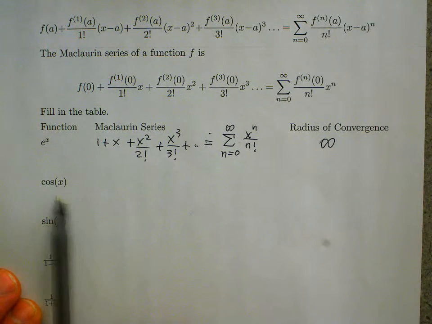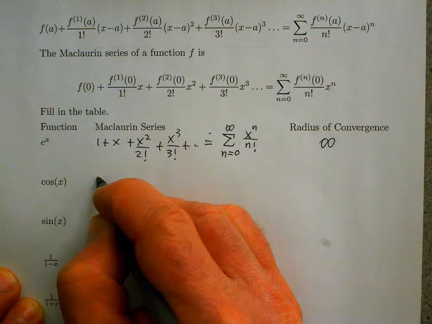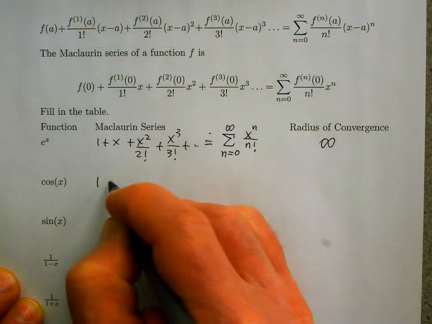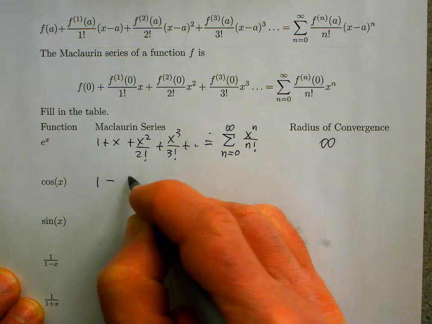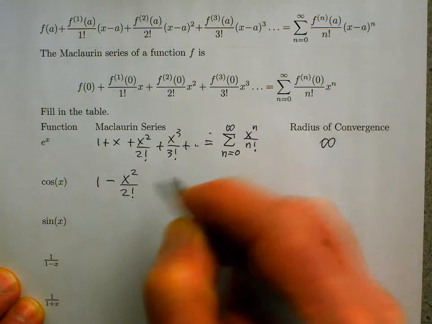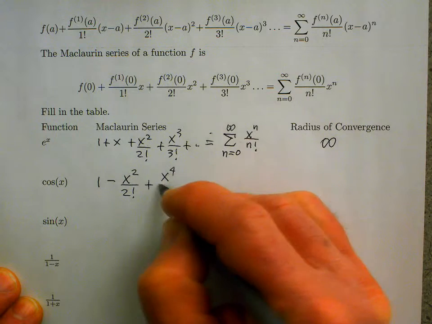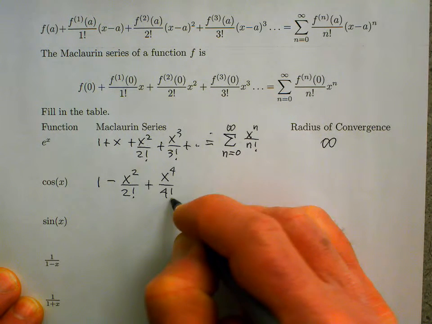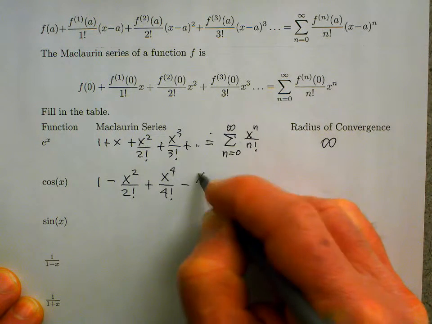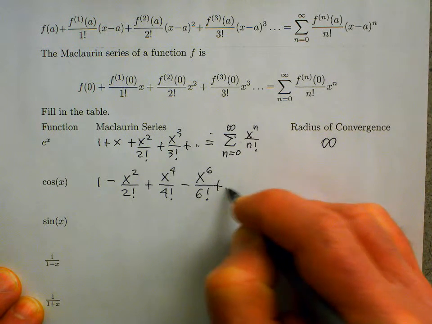The Maclaurin series for cosine of x. This one is 1 minus x squared over 2 factorial plus x to the 4th over 4 factorial minus x to the 6th over 6 factorial, and so on.